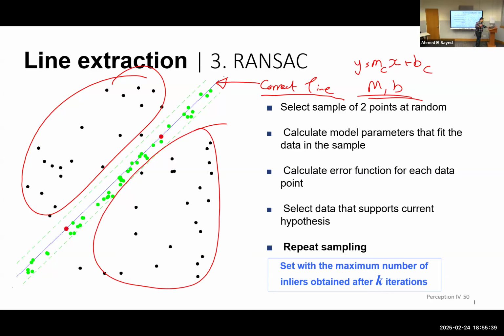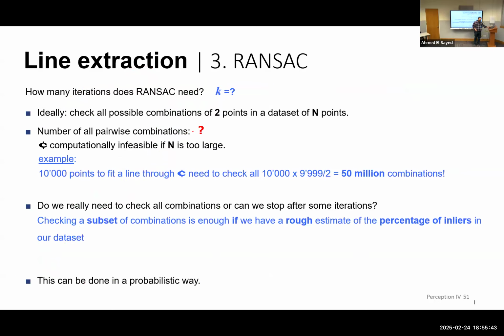Now, if this is the case, can we use it for all our work? The answer is not really. Why? Again, we said that we have to do how many samples? Thousands, right?